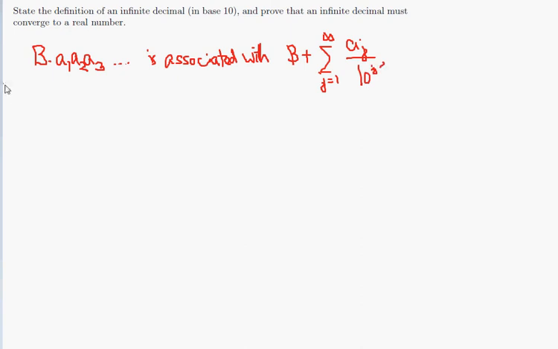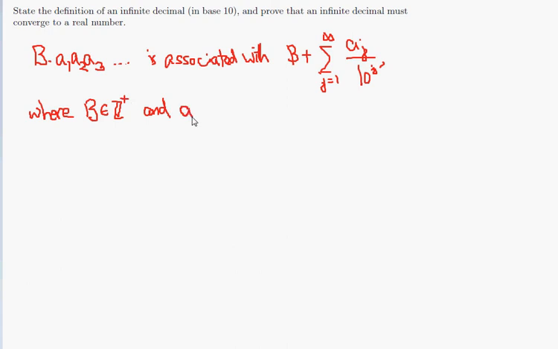And we have some stipulations on the b's and the a's, where b is an integer, typically a positive integer for the definition to work as stated.